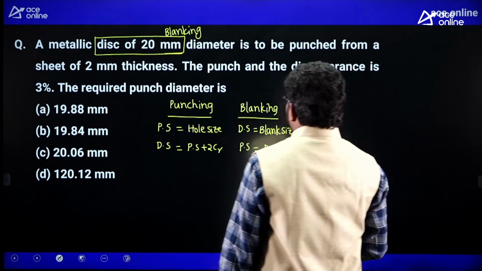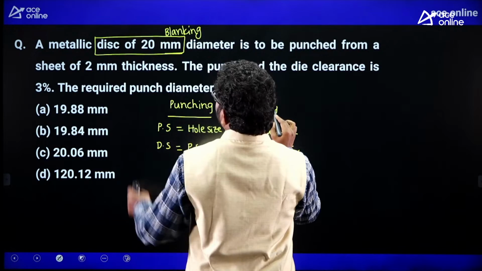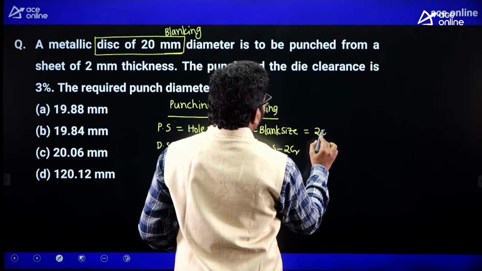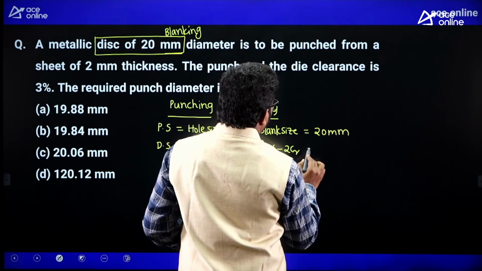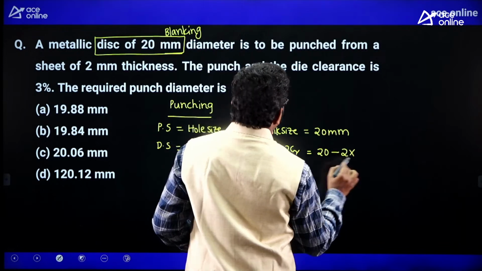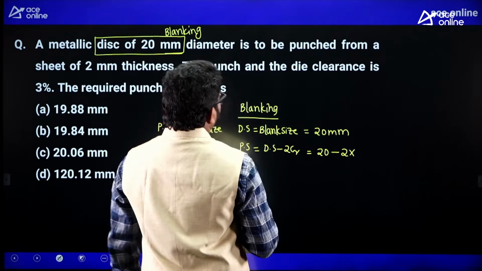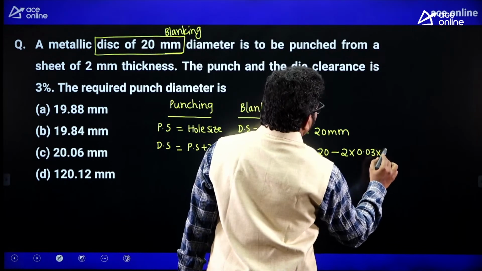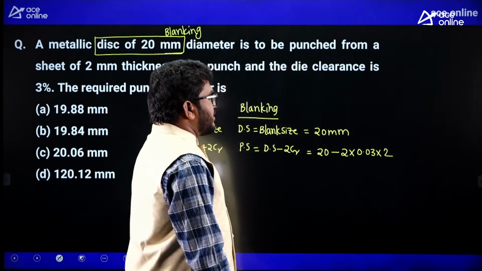So punch diameter. Remember, in case of this blanking operation, die size is equal to 20 mm. Punch size is equal to 20 minus 2 into 3% of thickness, that means 0.03 into thickness 2 mm, right.